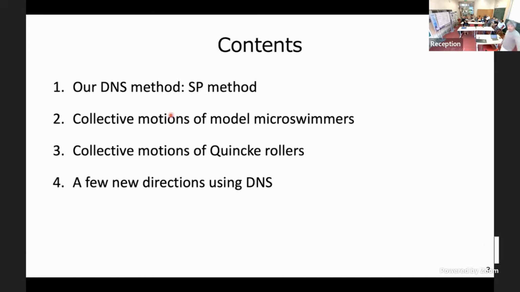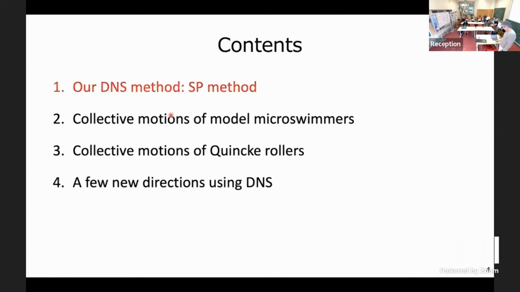And then I will speak about the collective motions of Quincke rollers, that is the artificial type of active particle, which is kind of popular these days. The good thing about this artificial active particle is that the reproducibility is much higher than in biological systems. Then a few new directions will be shown using our method.